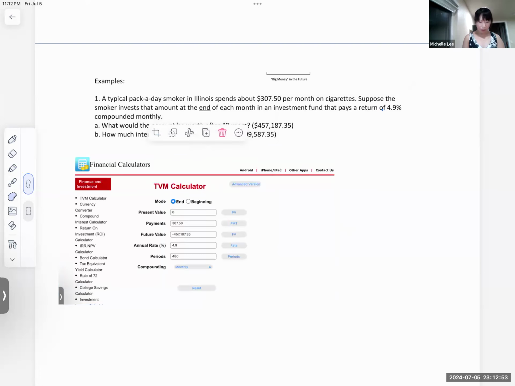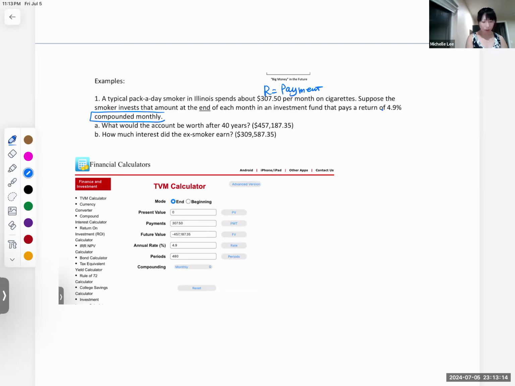Can you see? We can see that this is a payment, right? So payment. And compounded monthly. We have monthly, right? Compounded monthly.